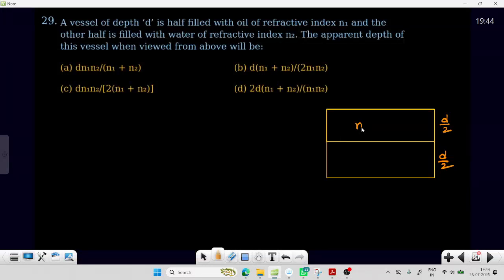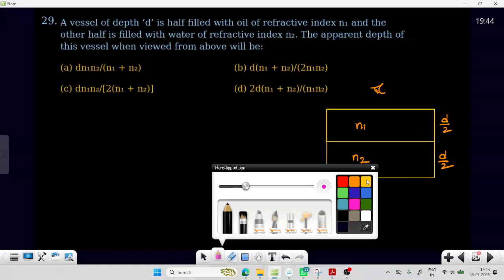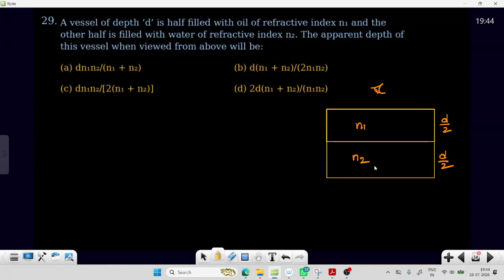This refractive index is n1, and this refractive index is n2. What is the apparent depth of the vessel when viewed from above? Here, this person is observing from the top view. This apparent depth dA will be given as.